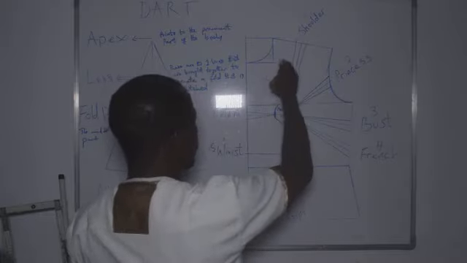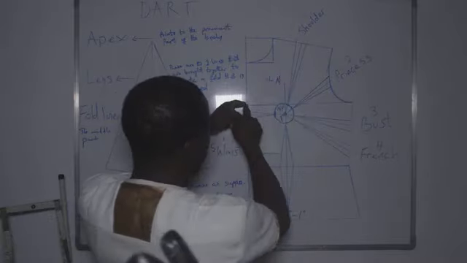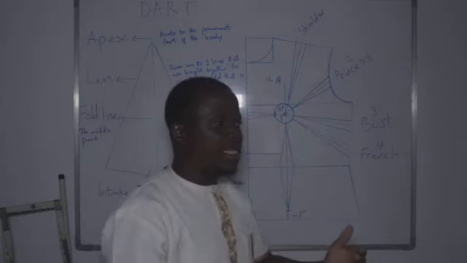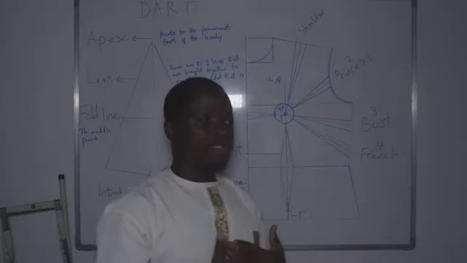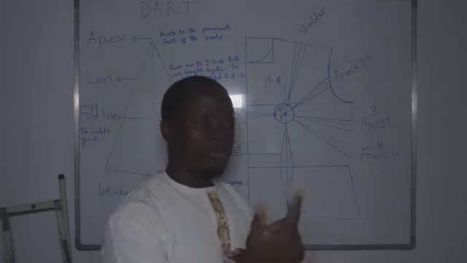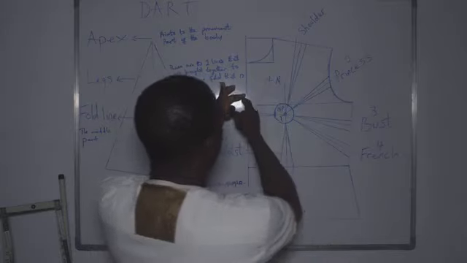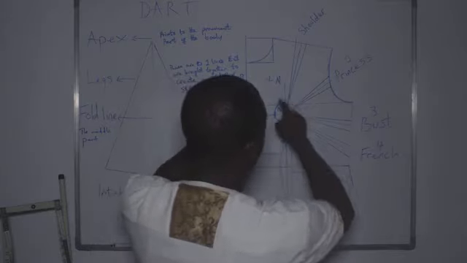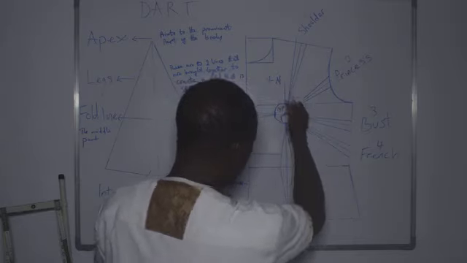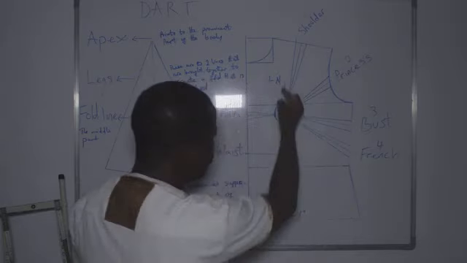So come to the pattern, you measure, assuming you get 8. 8 divided by 2 is 4, plus half, 4 and a half. Come to this center front, you measure 4 and a half, then you draw this line that you are seeing at the middle of the dart.